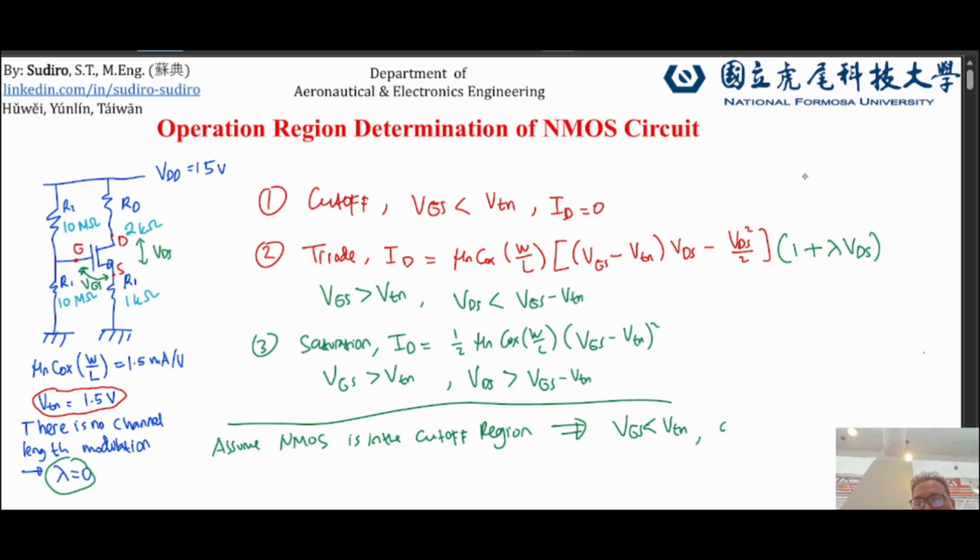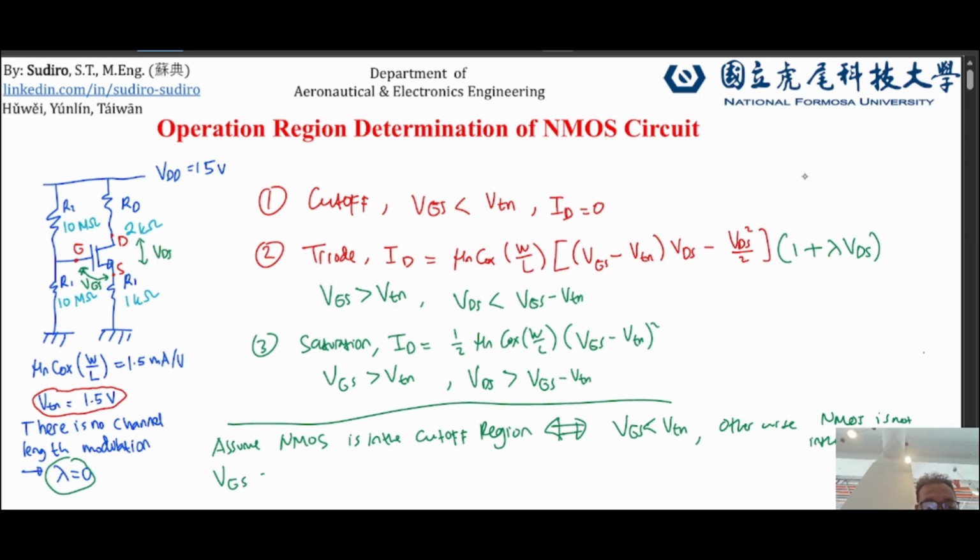Otherwise, the NMOS is not in the cutoff region. If VGS is less than VTN, then the NMOS is in the cutoff region. But if VGS is greater than VTN, it must not be in the cutoff region. So we need to calculate VGS.